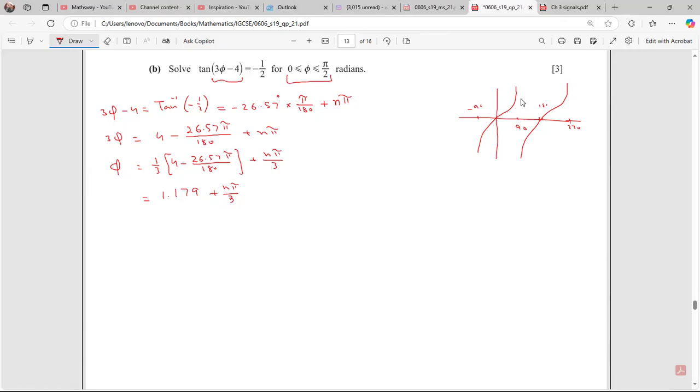So for my convenience, I want to convert it into degrees. So 1.179 plus n pi by 3. In order to convert it into degrees, I multiply it by 180 over pi. Am I right? Okay, so it will give me 67.54 plus, and here it will become 60n.